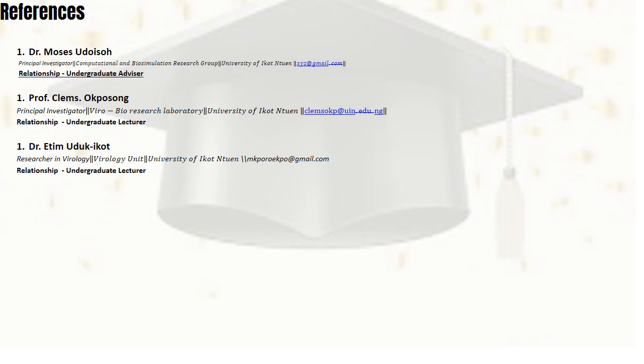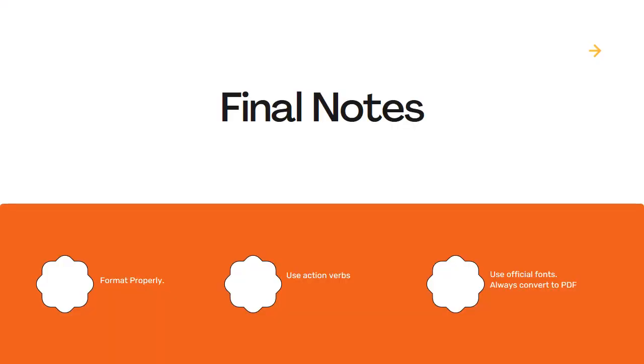For the second person here, the name, his position, where he's working, the university, his official email, relationship. The relationship part is very important. You list 2 or 3 of these referees to make up your references part.